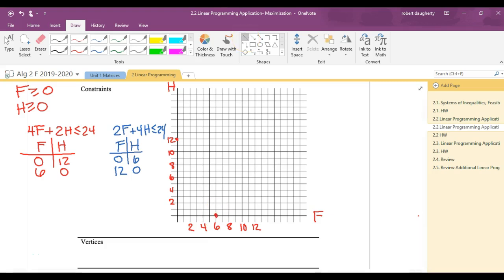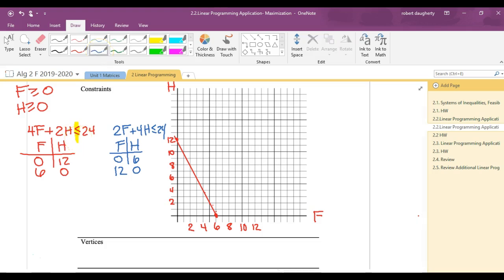Connect those two dots. Okay, and I'm going to be shading below that line. This tells me to shade below that line.